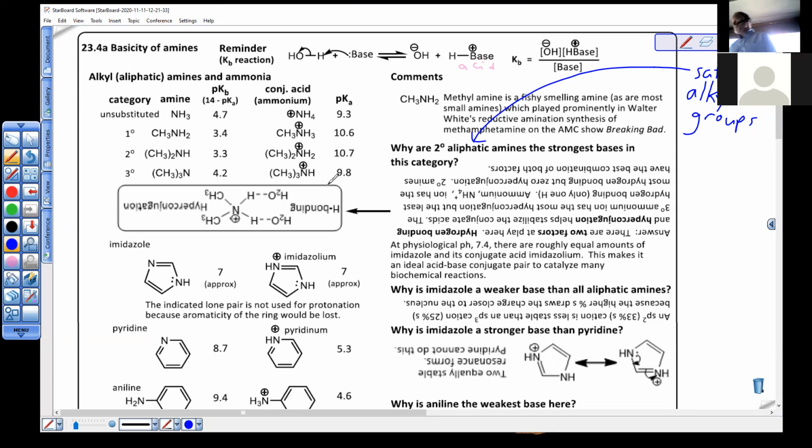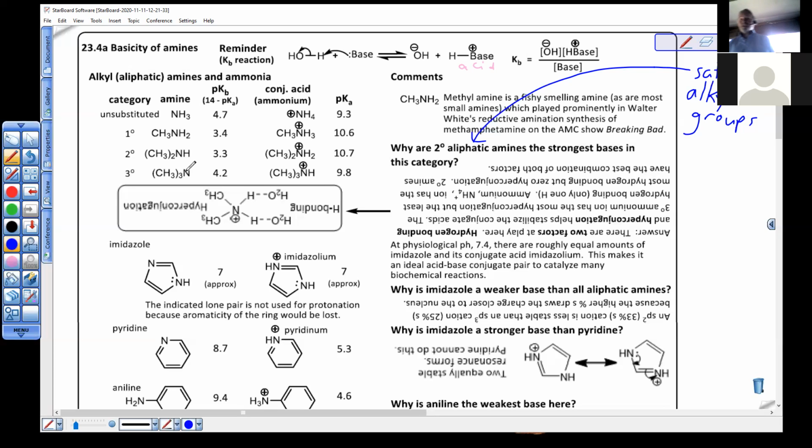Why was a tertiary carbocation more stable than a secondary carbocation? Oh, it had more hyperconjugation. Do you think that changes with nitrogen? Answer, no. So in terms of hyperconjugation, that's the most stable cation, which means this thing should be the most easily made cation, which means that should have been the strongest base.